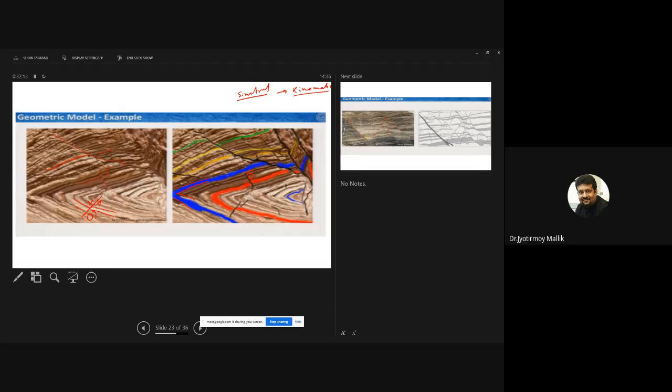Now, if we just observe, we can make a list of observations here. We can draw a nice line drawing of what we are observing in the structure, and then make a certain set of observations that we have talked about. And that is nothing but geometrical modeling. You define the geometry of the end product.